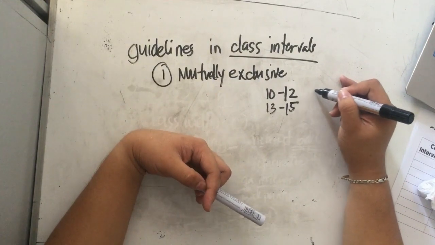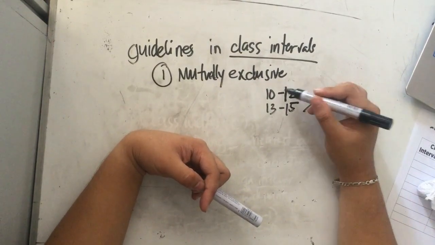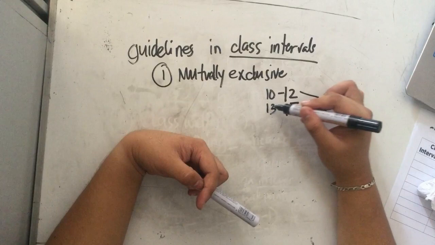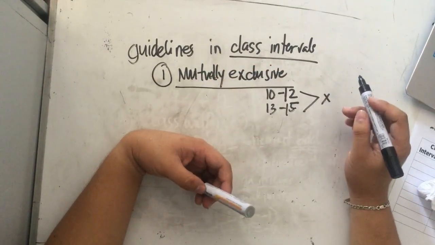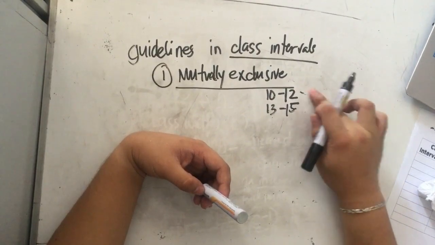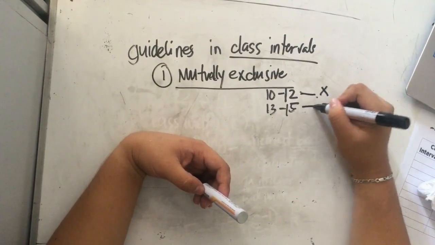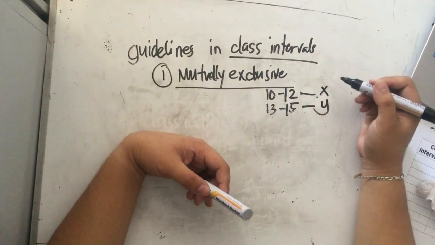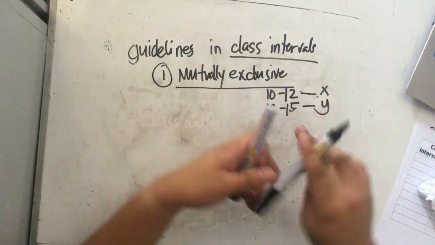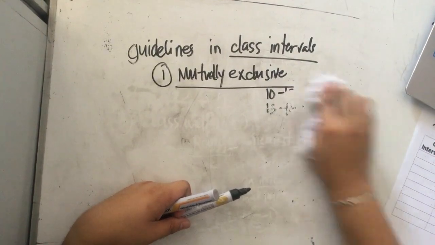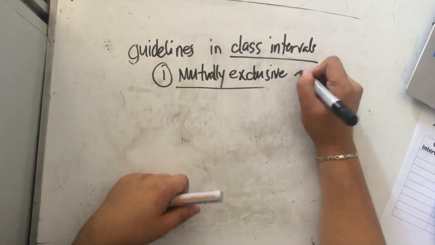Walang data na papasok kay both 10 to 12 at kay 13 to 15 kasi it should be mutually exclusive. Kailangan yung isang data natin nakapaloob lang sa isa at yung isang data natin nandun lang sa isa. Hindi pwedeng yung isang data pwede siyang pumasok dun sa dalawang interval natin. So therefore, it is called as mutually exclusive.